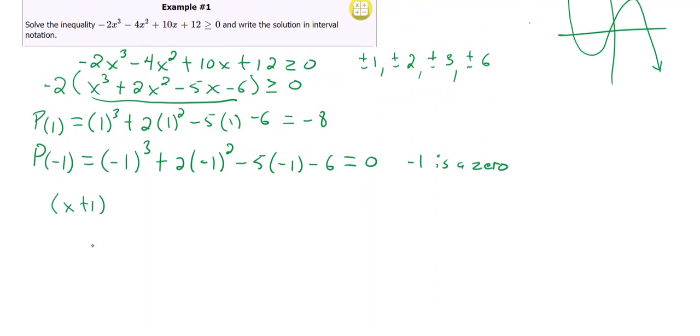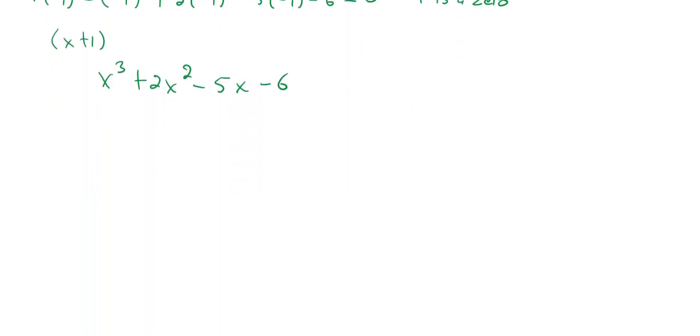After we divide x cubed plus 2x squared minus 5x minus 6, what I can do now is divide this by one of my factors, this x plus 1, and then I should be left with some quadratic after that, right? And the easier method is called synthetic division.